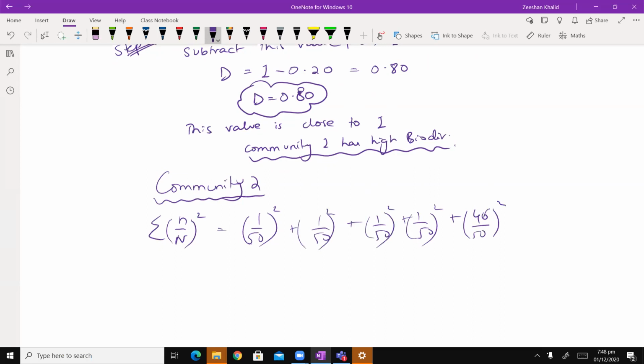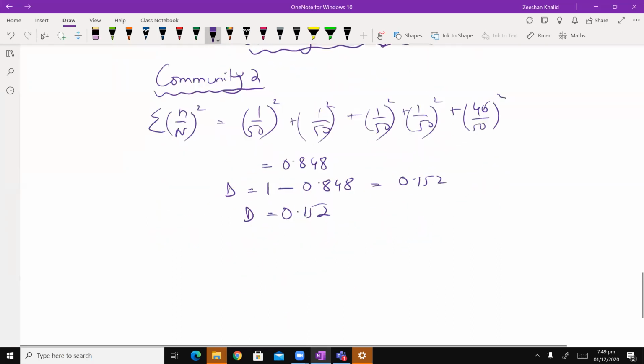The answer is 0.848. Then you subtract this from 1: 1 minus 0.848 gives us 0.152. So the value of D for community 2 is 0.152.